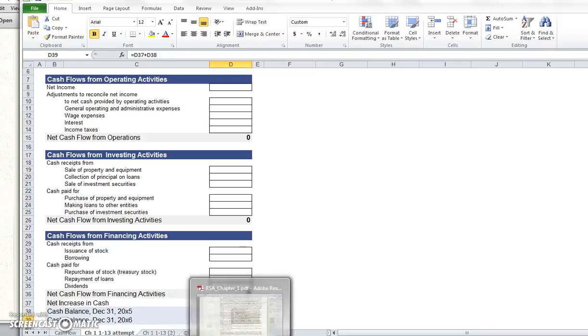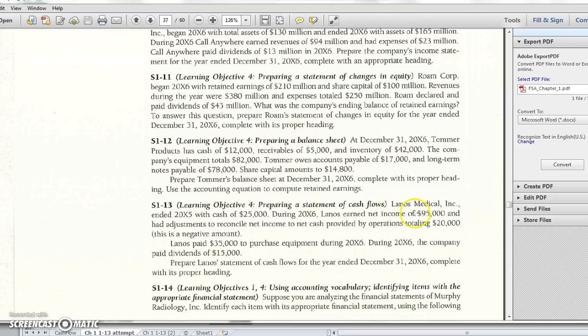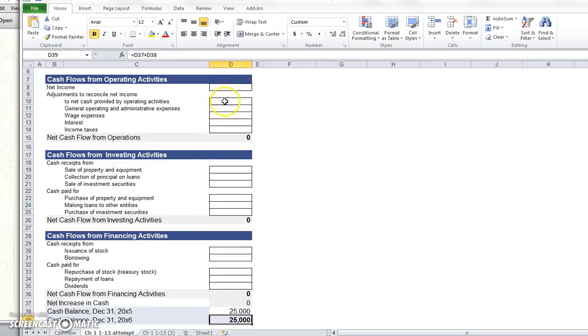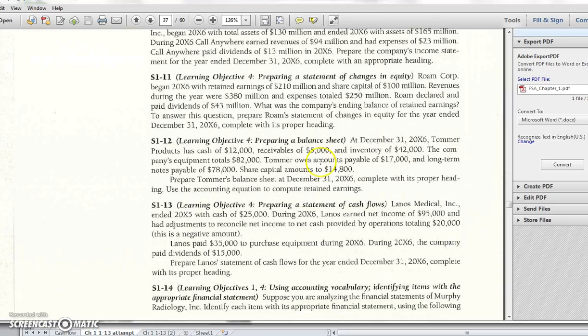And it also says we have net income of $95,000. So we put in net income of $95,000. What else do we have? Let's see. We had adjustments to reconcile net income to net cash provided by operations totaling $20,000, which is a negative amount.